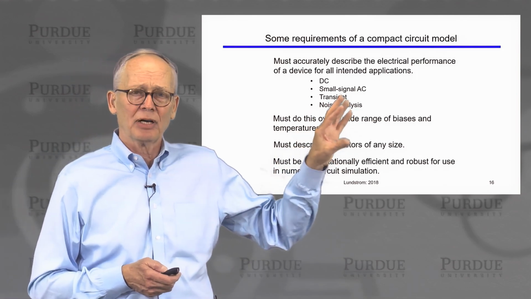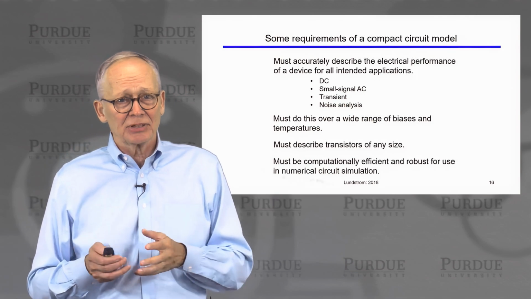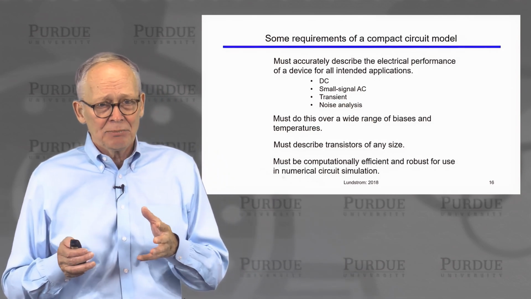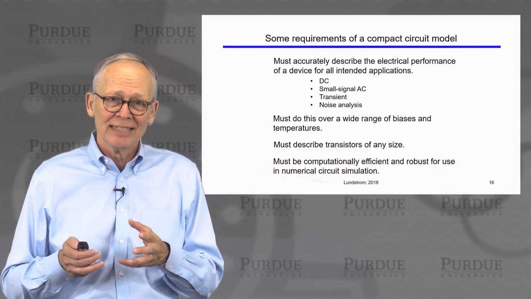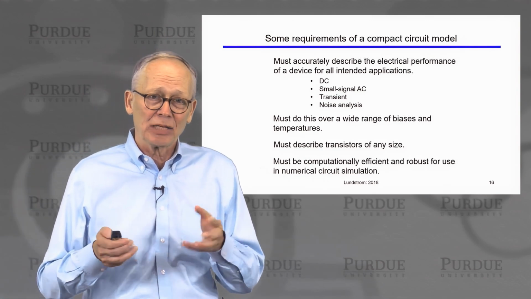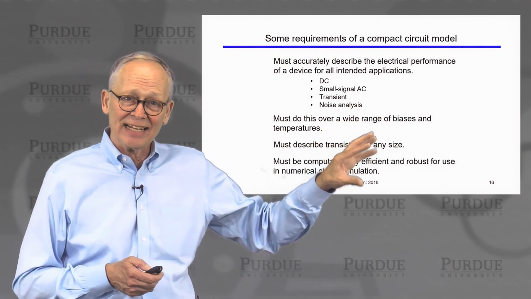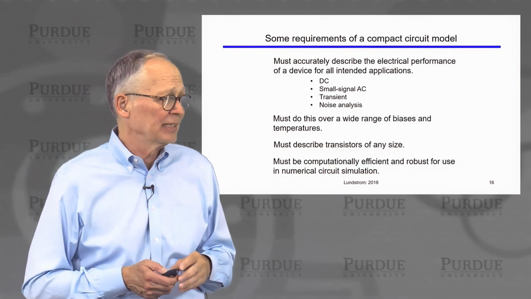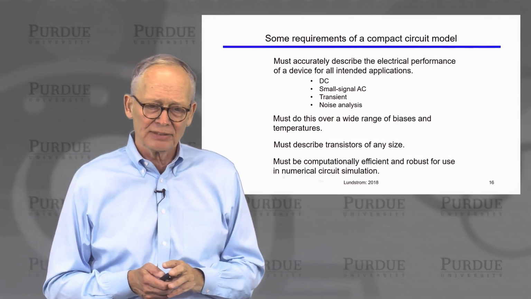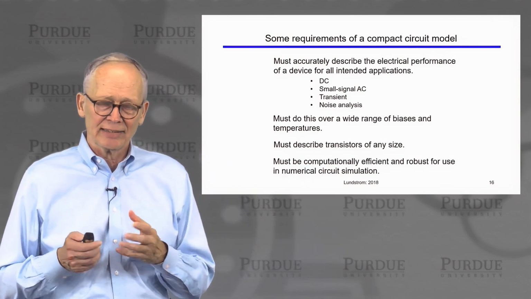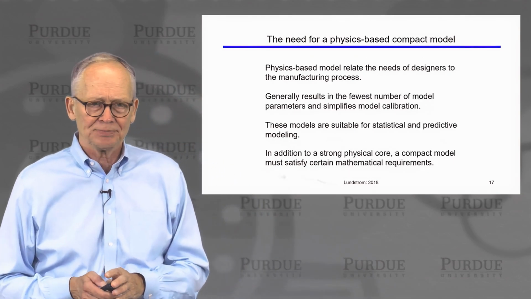We must do this over a wide range of bias and temperatures, over the range that the designer might be interested in, but over an even wider range because the Newton iteration process might encounter those biases while it's homing in on the solution. We must describe a transistor of any size because designers use different size transistors in the circuit, and it must be computationally efficient and robust so that it can be used efficiently and robustly in numerical circuit simulation programs.